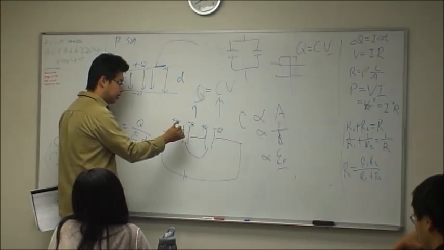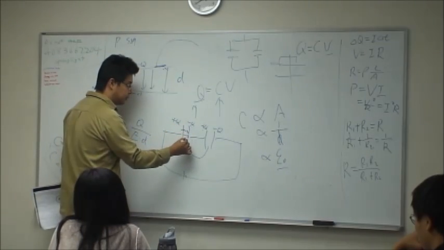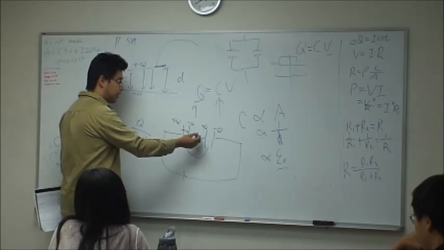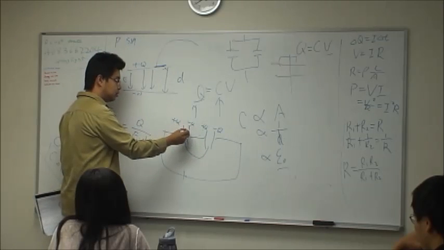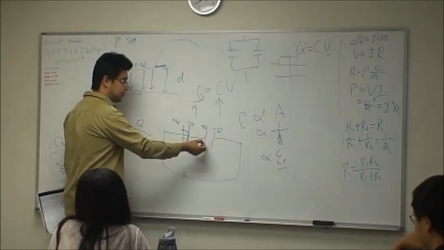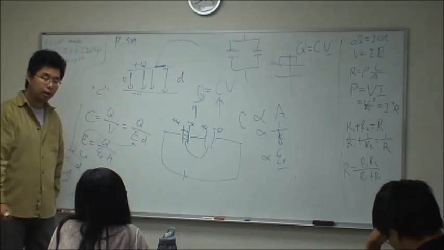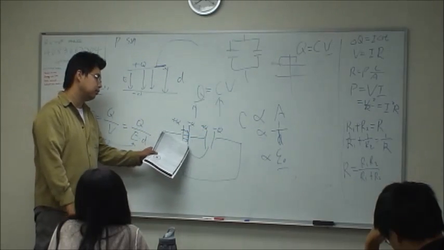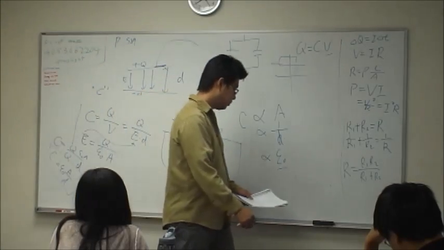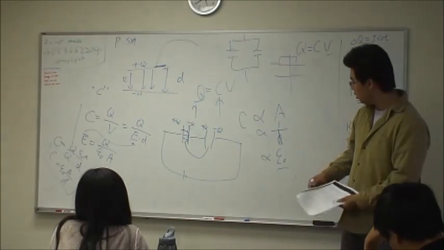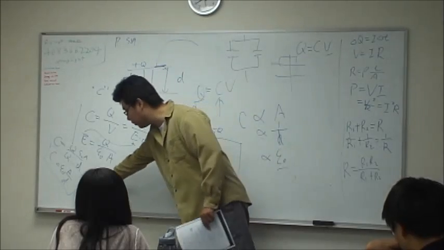The only thing is that it builds up the E field. So the E field will attract some negative charge electrons to this plate, which will leave the other side positive. So it's only affected by the E field in the center part. No charge moves across it. Okay? So again, this is about how to build a capacitor.